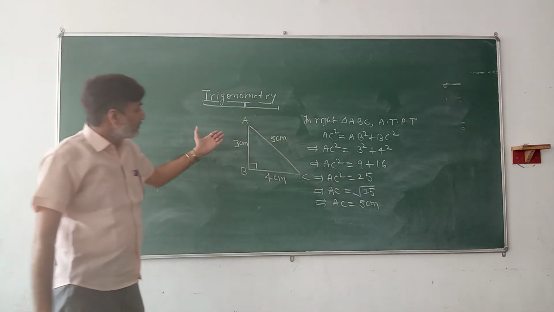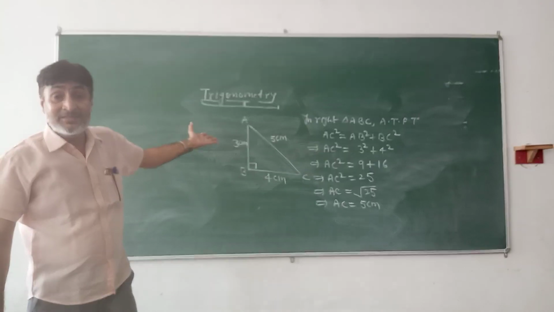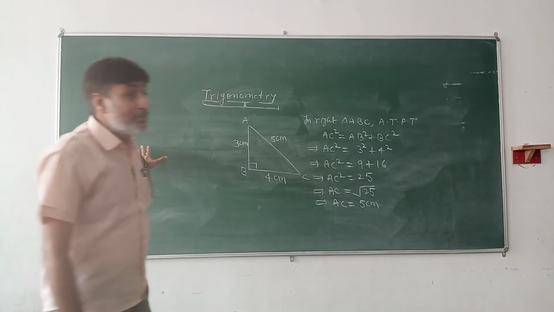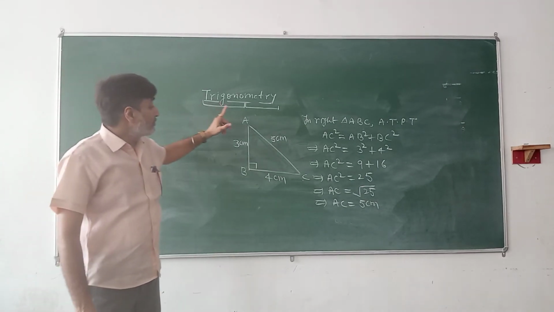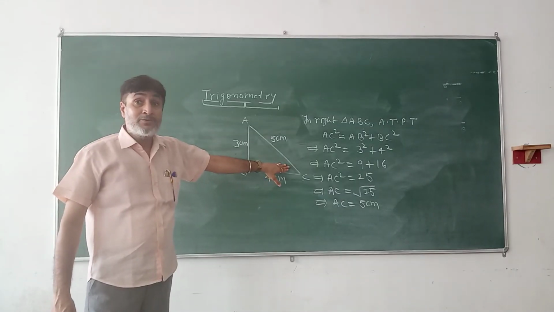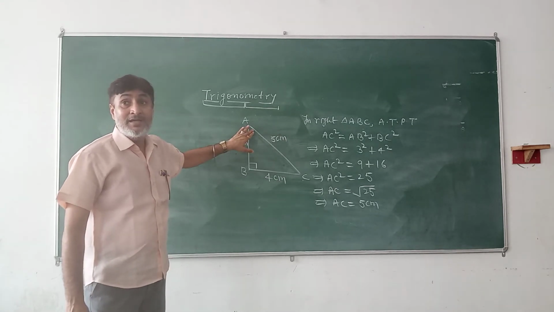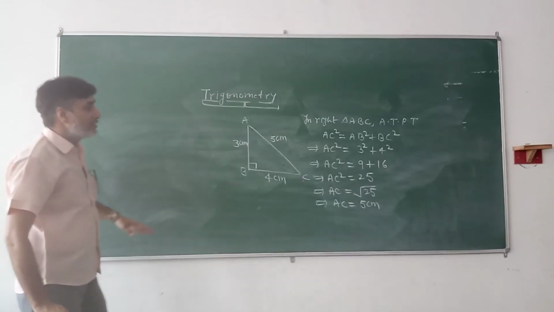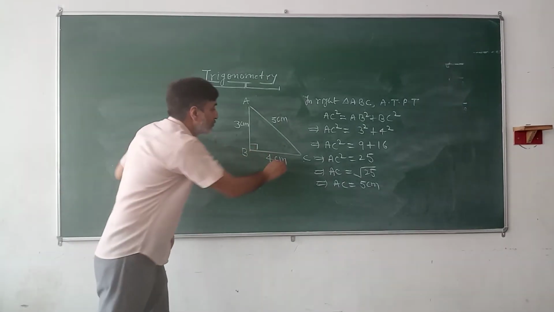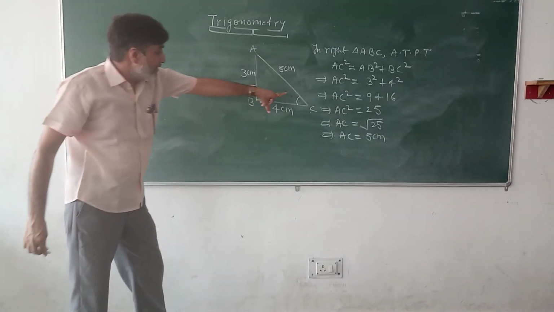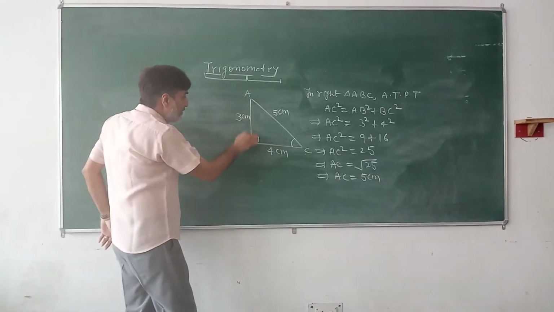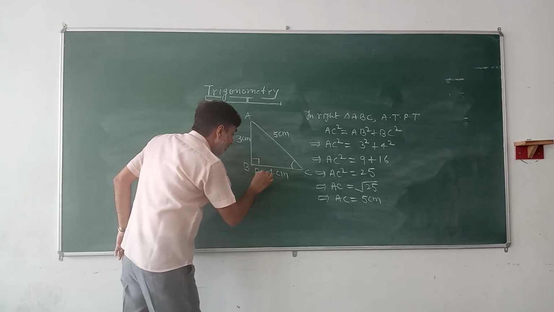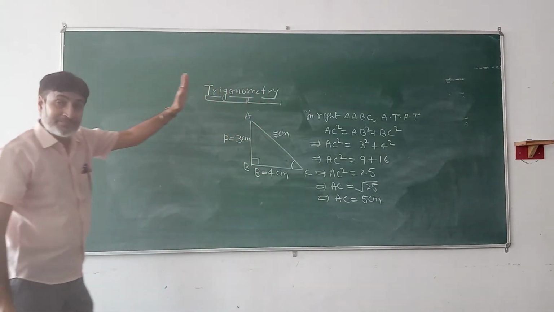Now since we have the lengths of all three sides, we can find the value of all these six trigonometrical ratios with respect to either angle C or angle A. First, we find the value of all six ratios with respect to angle C. With respect to angle C, side AB becomes perpendicular, side BC becomes base, and the hypotenuse remains the same.